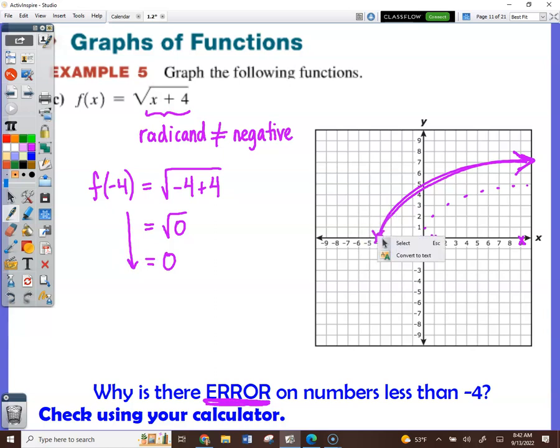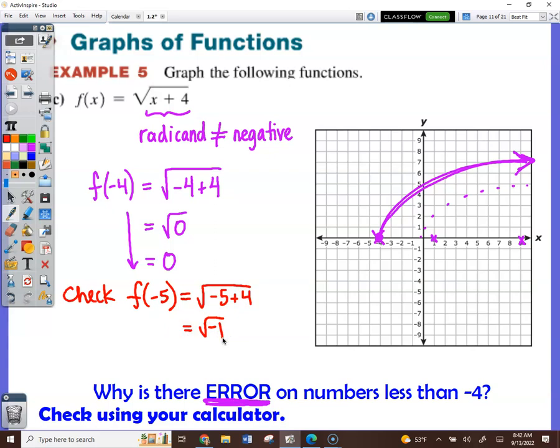Now, if I plug -5 in, I get the square root of -1, which is a problem, right? I should put the X there. Can't be imaginary. We're not dealing with imaginary right now.